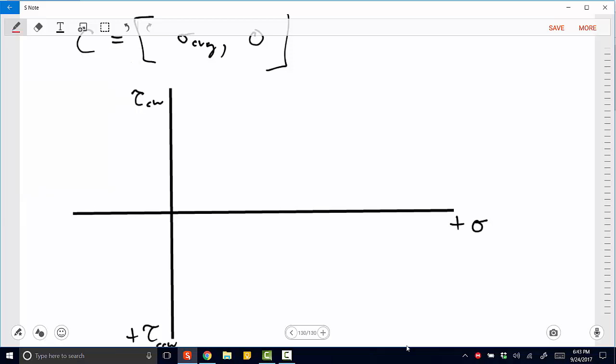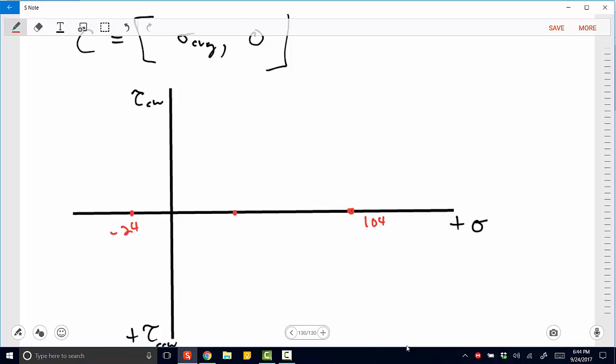let's go ahead and put our points of interest. Let's start with the principal stresses. Sigma 1 is 104 megapascal. Sigma 2 is negative 24 megapascal.